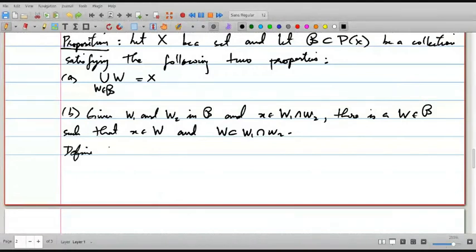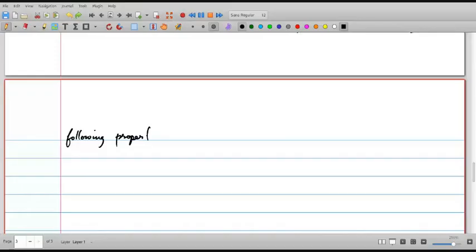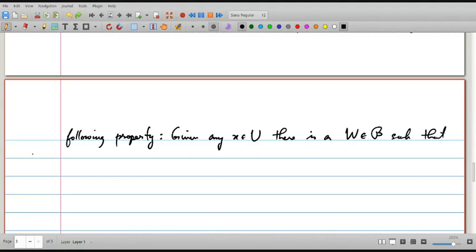Then we define a subset tau of P of X to be the collection of subsets U such that, given any x in U, there is a W in B such that x is in W and W is contained in U.